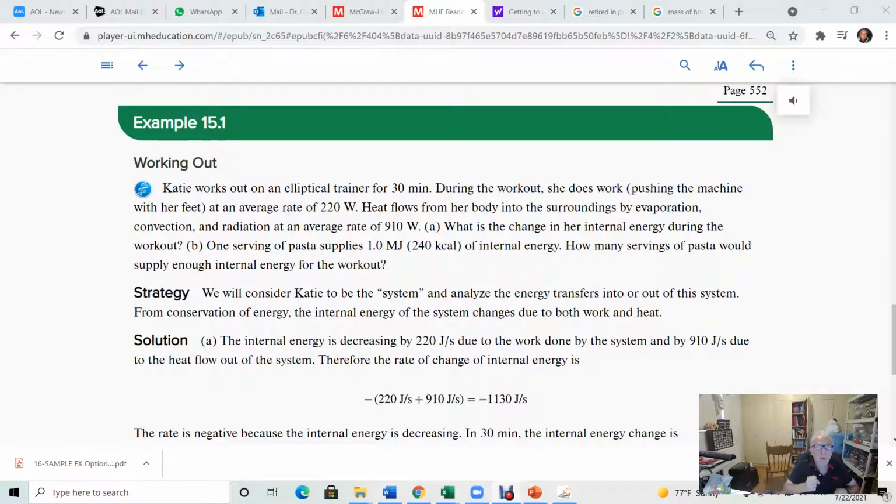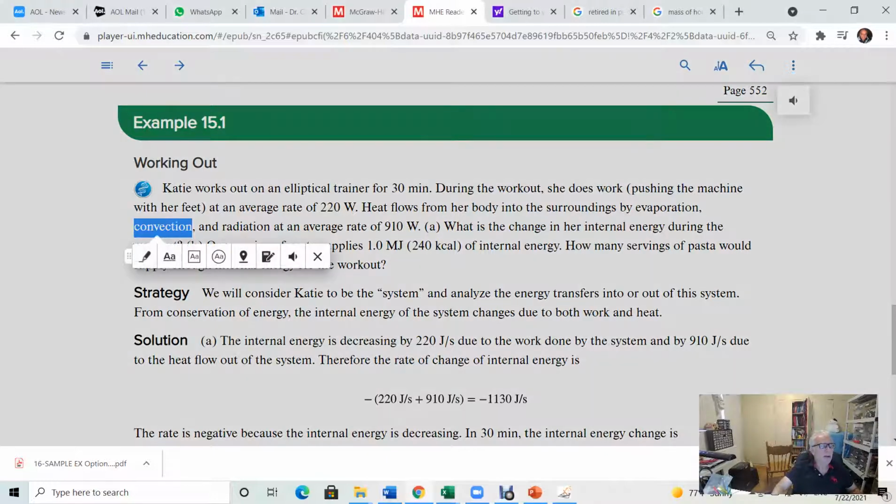So every time that we work out on the street, we are losing heat. Okay? In this case, it's going to be by evaporation, convection, and radiation. The human body radiates energy. But because there is evaporation going on, we also have convection.